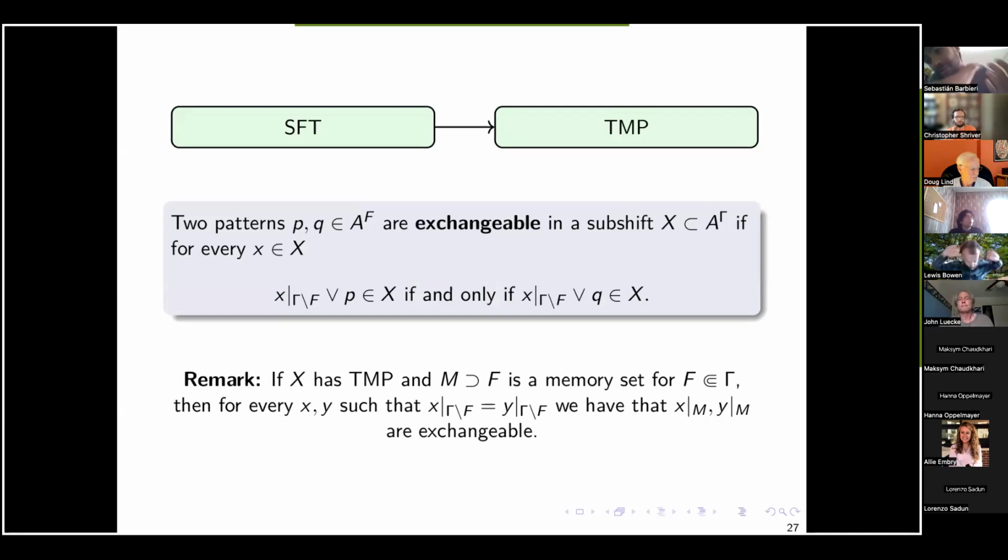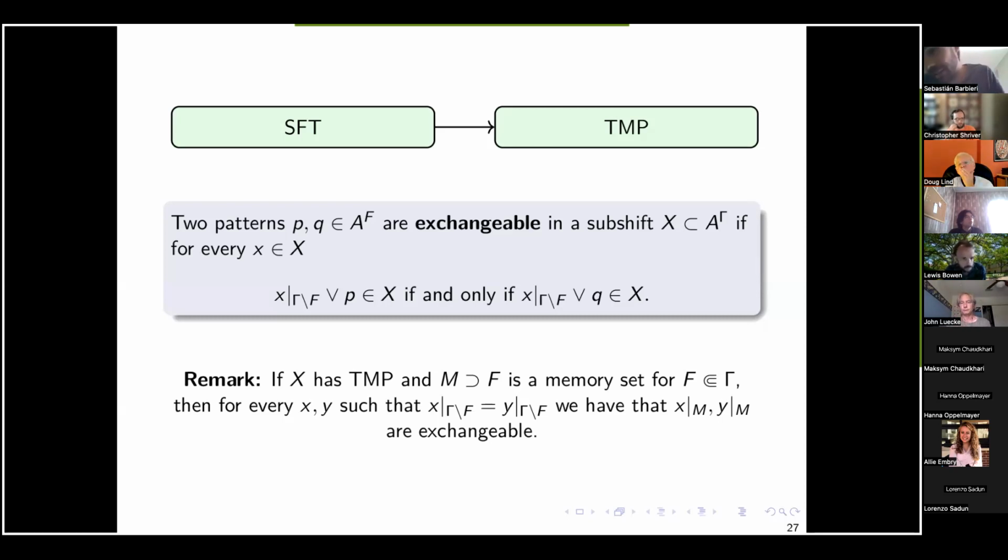And the interesting remark is that if X has the topological Markov property and M is a memory set for some finite set F, then for each pair of configurations which coincide outside of F, X restricted to M and Y restricted to M are exchangeable, right? Just because I have the topological Markov property, right? I coincide in M minus S, so I'm going to be able to exchange these two patterns whenever I see them.